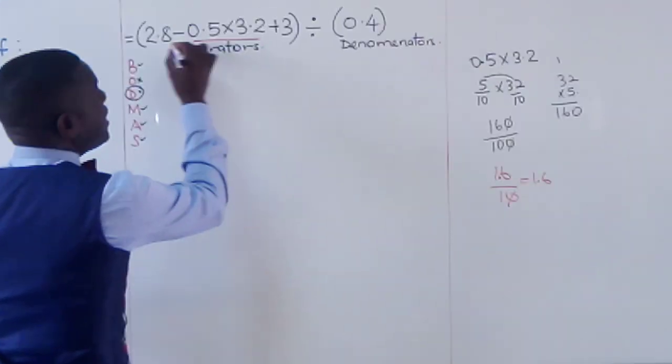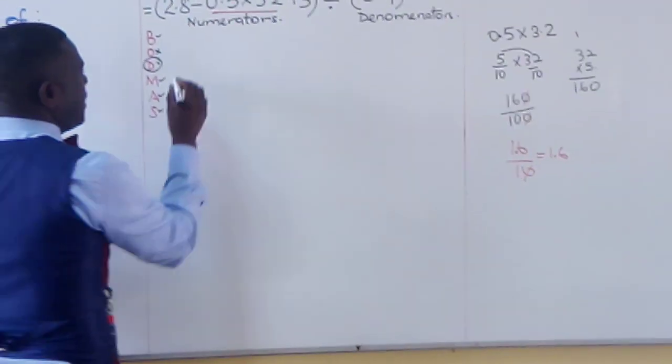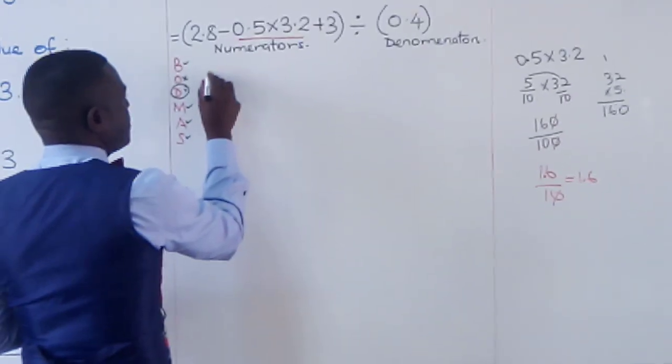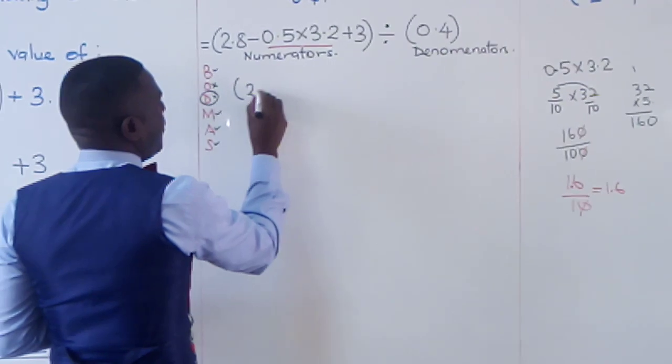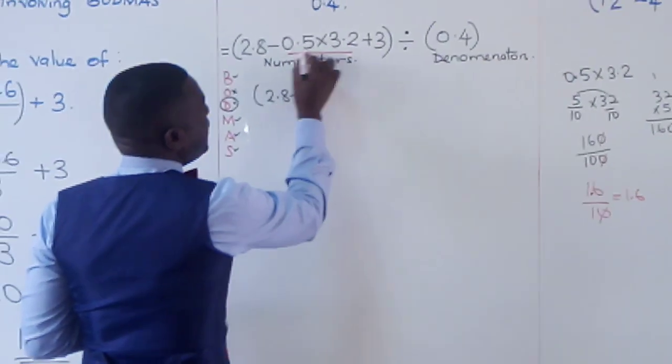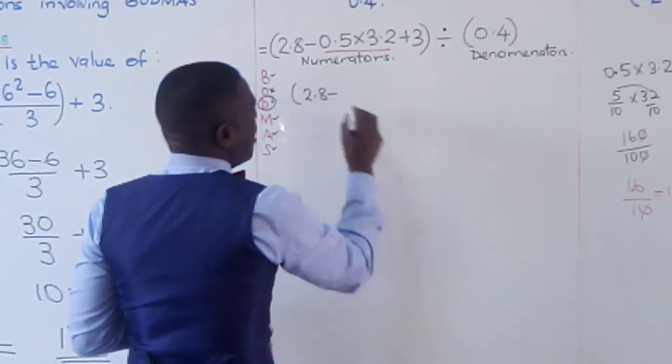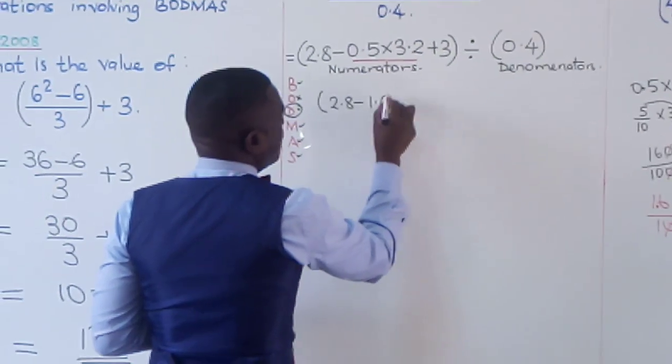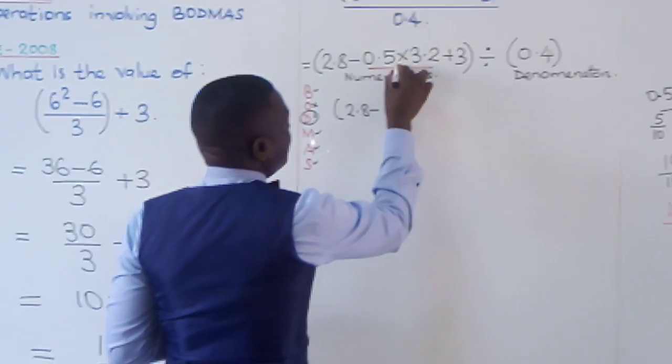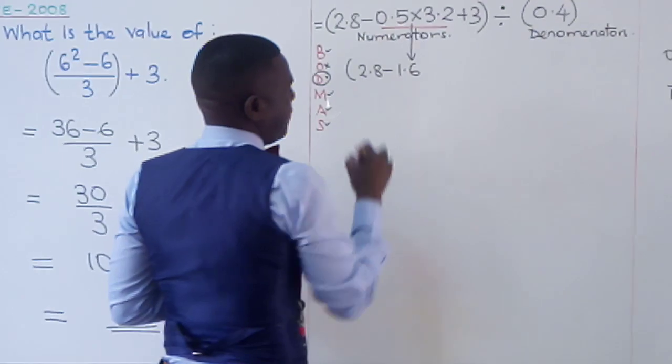So I will rewrite the whole statement. This bracket I'm not removing, so I have 2.8 minus, and in this place I'm writing 1.6 because that is the answer emanating from there.